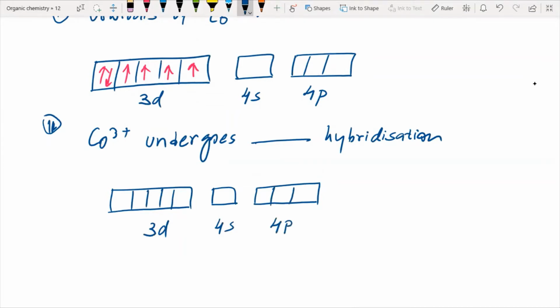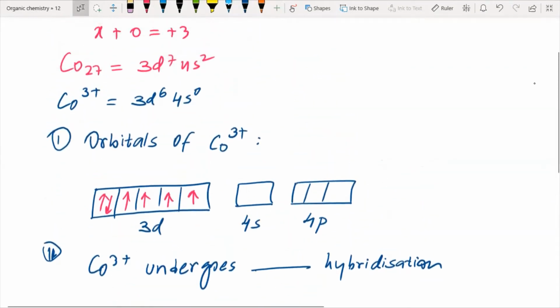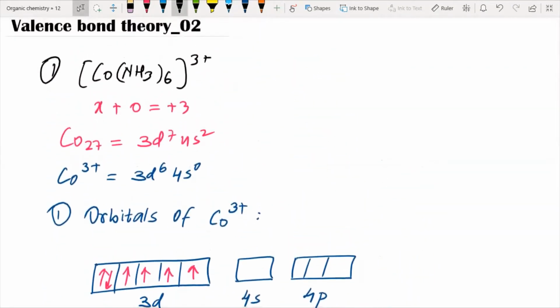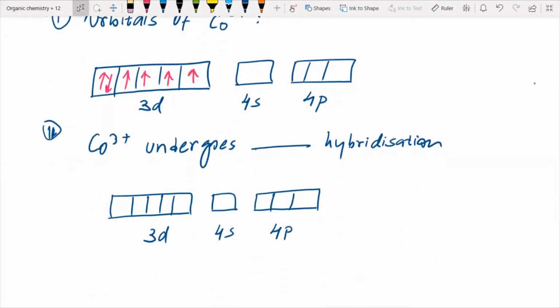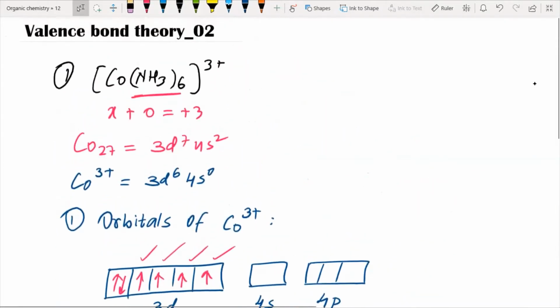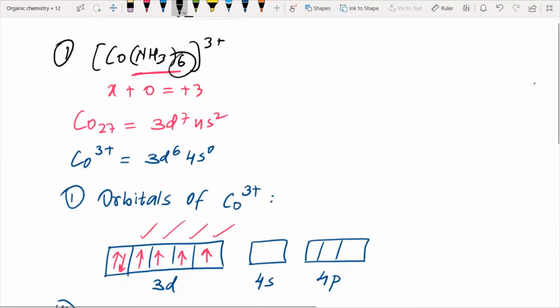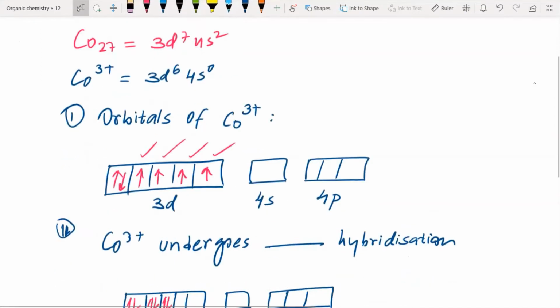At this point, it is very important to check which type of ligand is there. Ammonia is a strong field ligand, and in this case all these electrons get paired up. So that's why we write 3 pairs of electrons. Next, 6 ammonia molecules are there, and they donate 12 electrons.